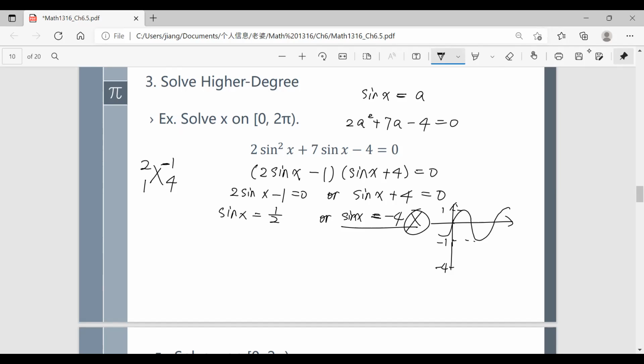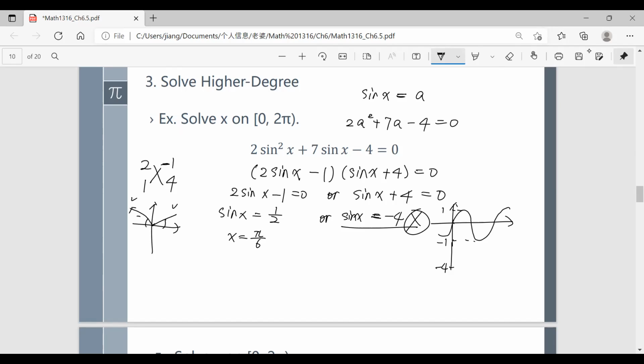So if we are looking for sine x equals 1/2, sine x is positive. That means here or here. The reference angle for sine x equals 1/2 is pi over 6. X equals pi over 6. How about in this quadrant?